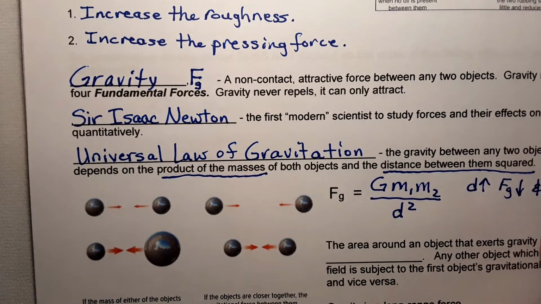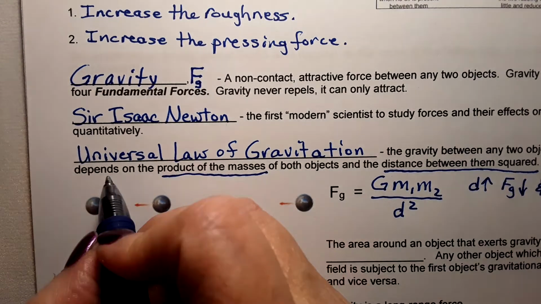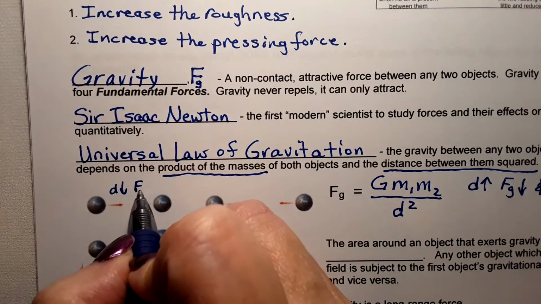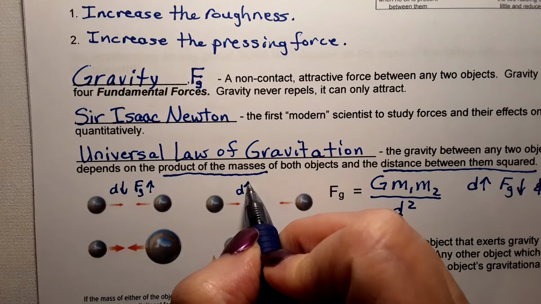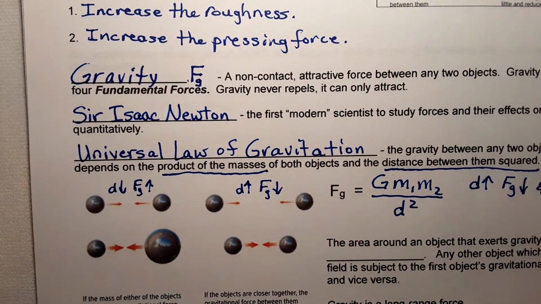And as d decreases, when they get closer together, the gravity increases. Isn't that kind of cool? Okay, so this is showing as d goes down, F sub g goes up. And right here, as d goes up, F sub g gets smaller. Okay? All right.